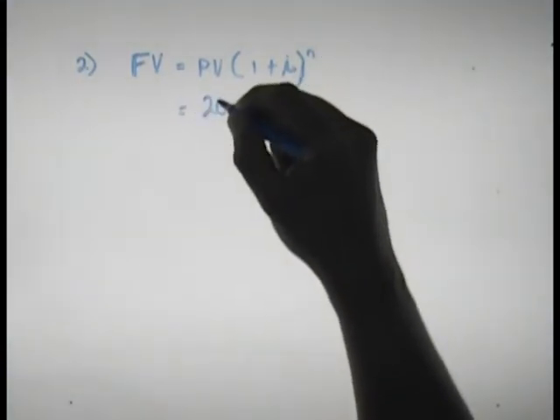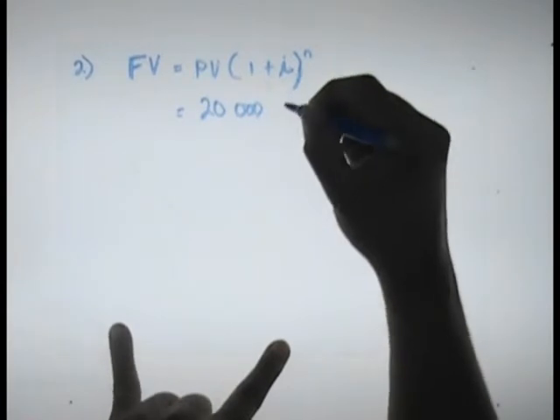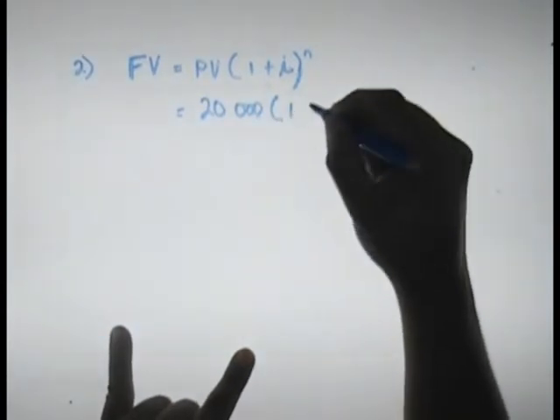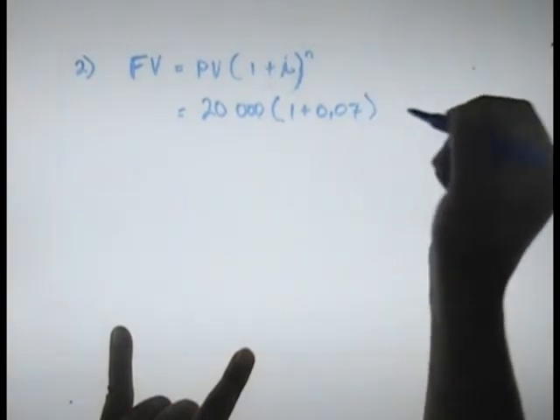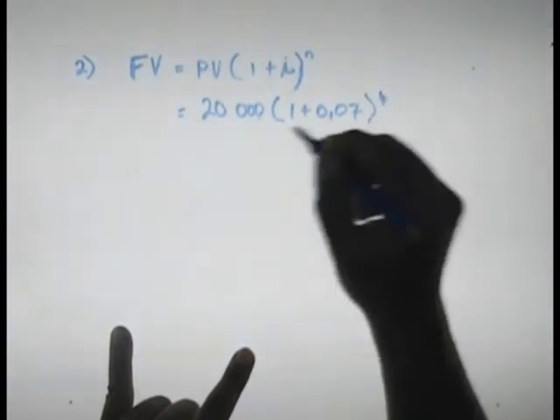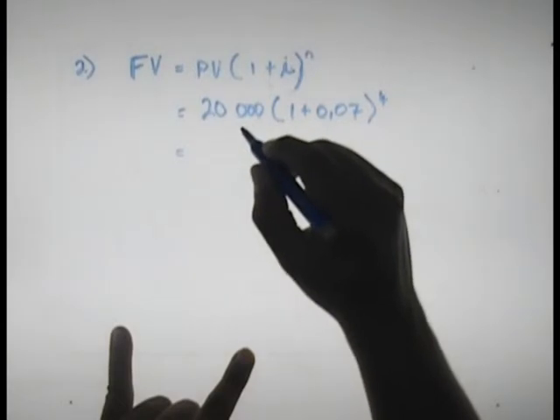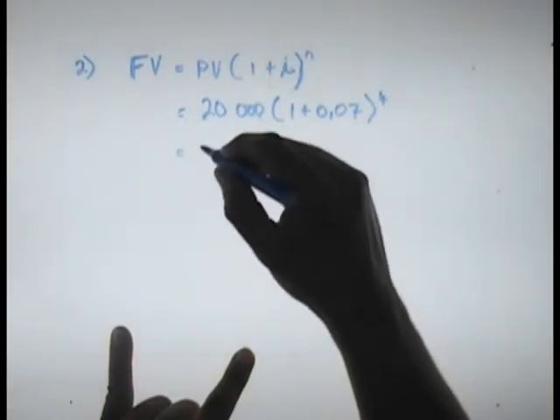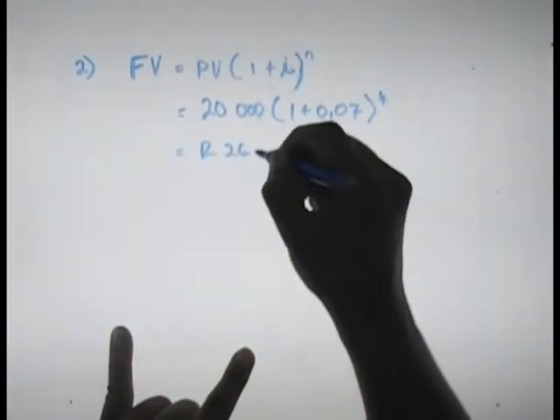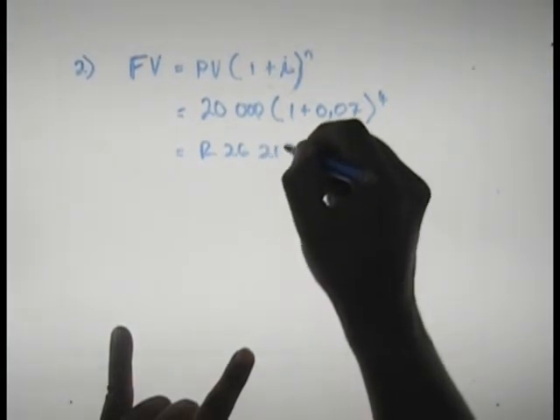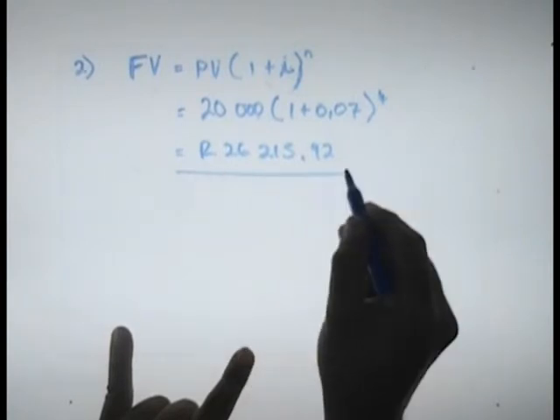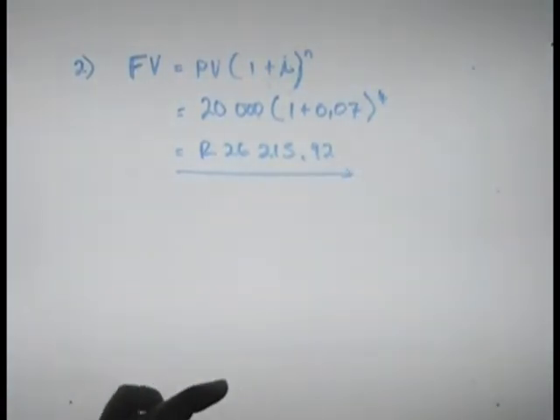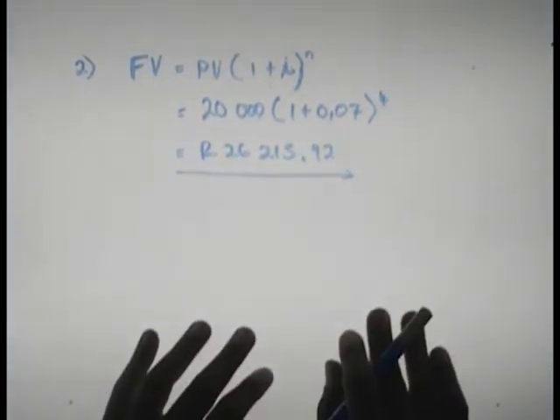Present value of the equipment is 20,000 Rand. 1 plus our interest rate of 0.07 to the power 4 years. And that's going to equal 26,215 Rand and 92 cents. That is what our equipment is going to be worth at the end of 4 years.